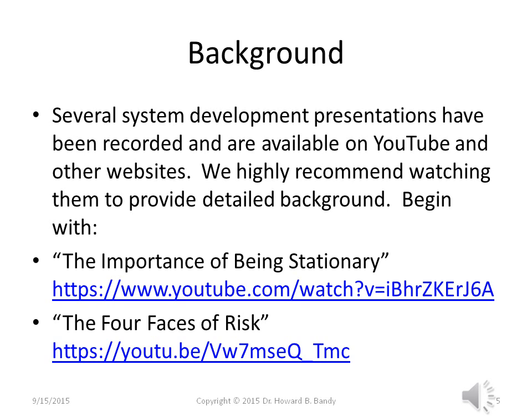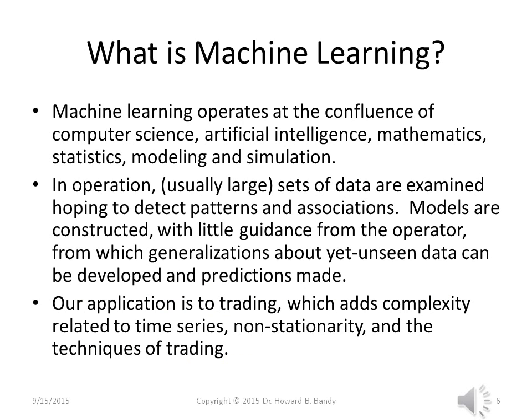Machine learning operates at the confluence of computer science, artificial intelligence, mathematics, statistics, modeling, and simulation. In operation, sets of data, and they're usually large sets, are examined, hoping to detect patterns and associations.